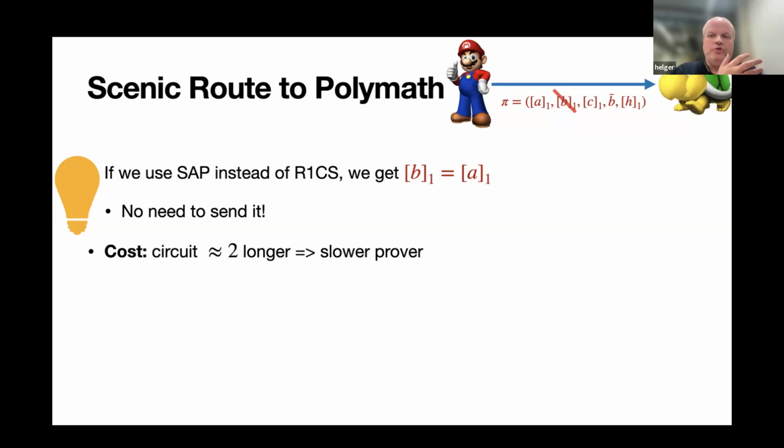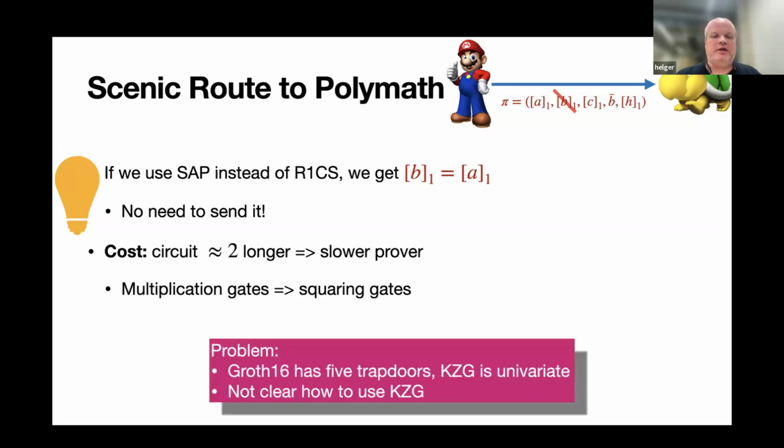So now you actually get a proof that is already shorter. The cost of this is that you will have about twice bigger circuit, so the prover will be about twice slower. And the reason is that in this SAP, you don't have multiplication gates, only squaring gates.